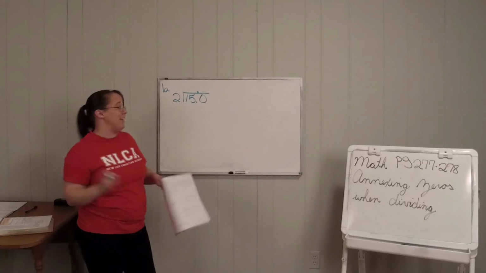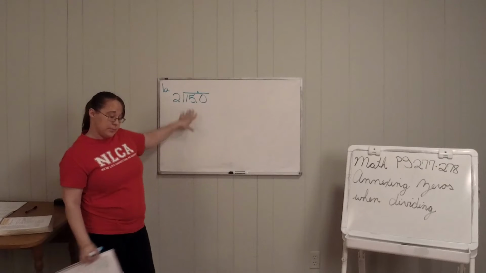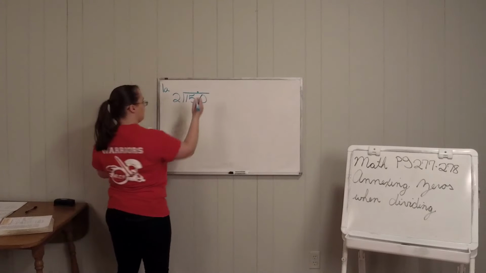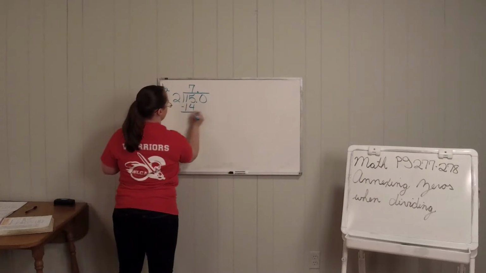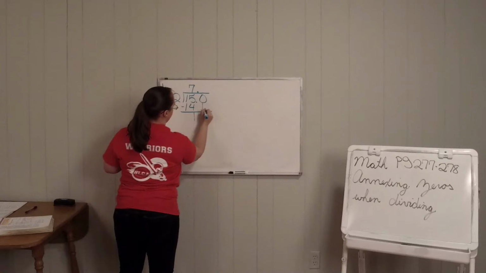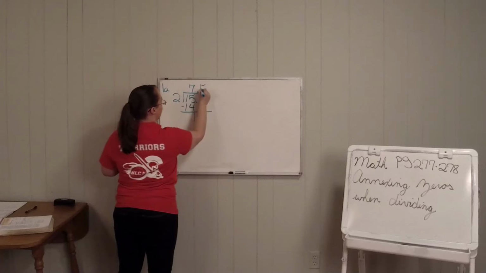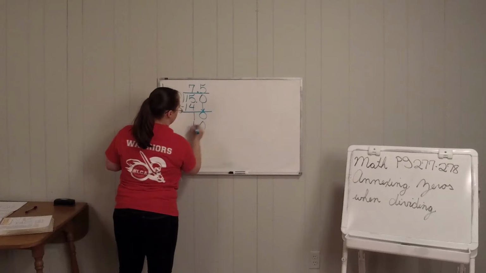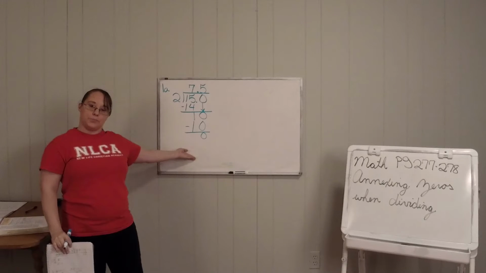Now we can divide. 2 is going to go into 15 how many times? 7. That makes 14. Bring down your 0. How many times can 2 go into 10? 5. And we are left with no remainder.